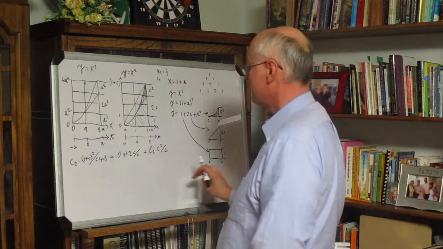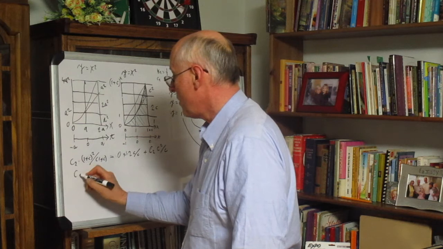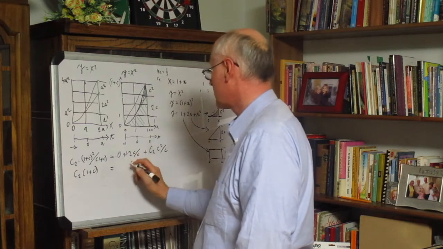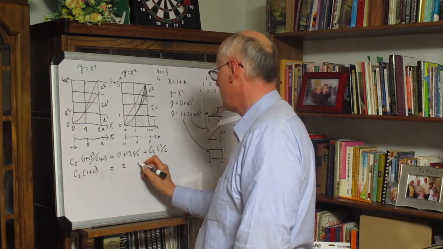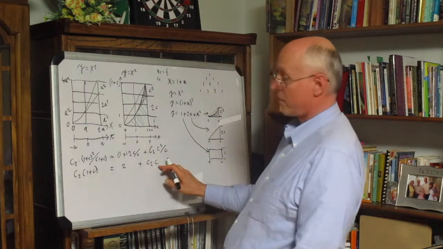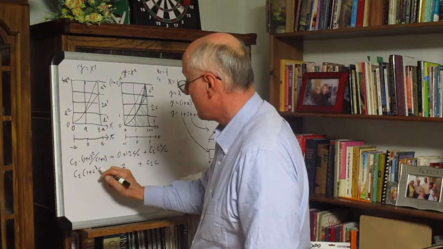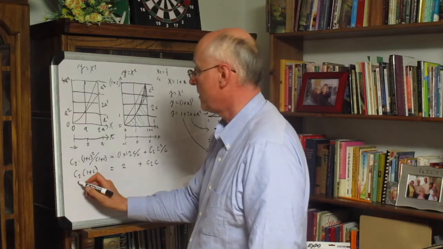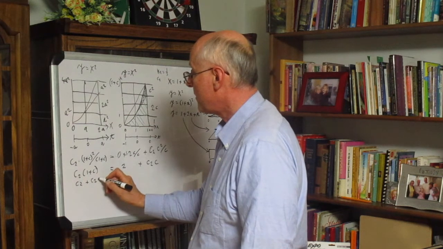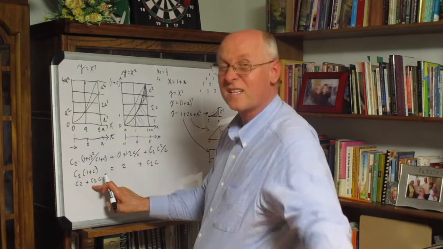Let's simplify this. We get C2 times 1 plus C equals 2 plus C2 C. Okay? All right. Well, let's crank this through. C2 times 1 plus C2 times C. And again, this C and this C2 are completely different variables.